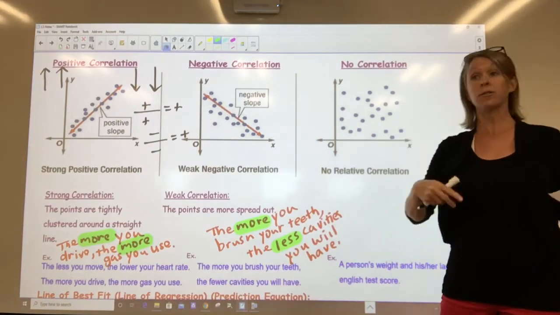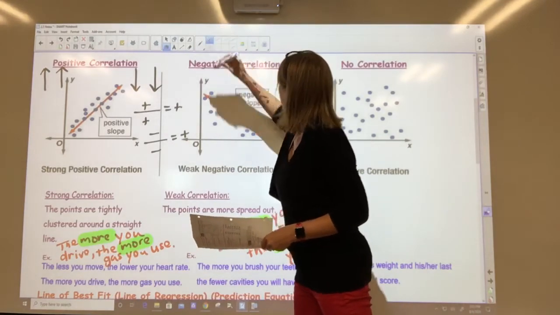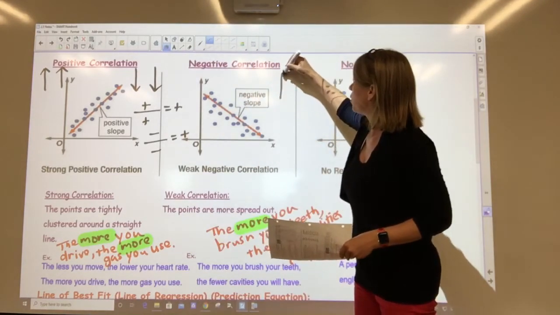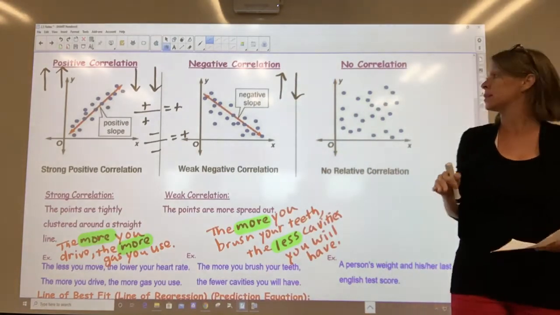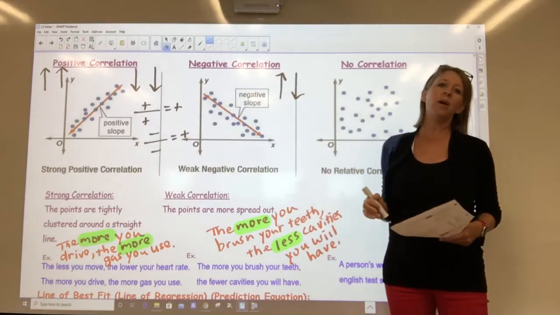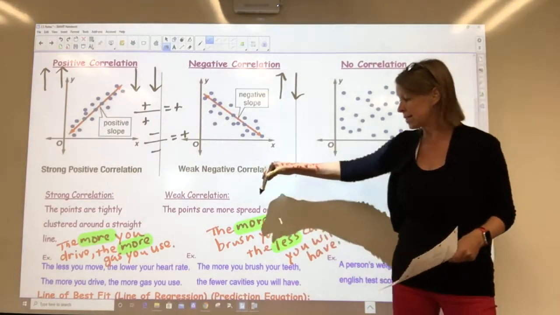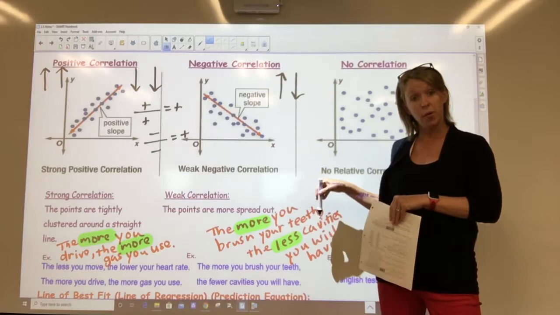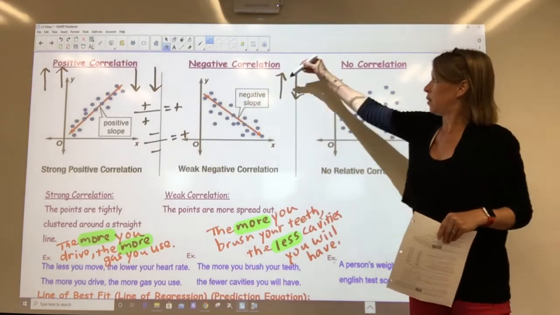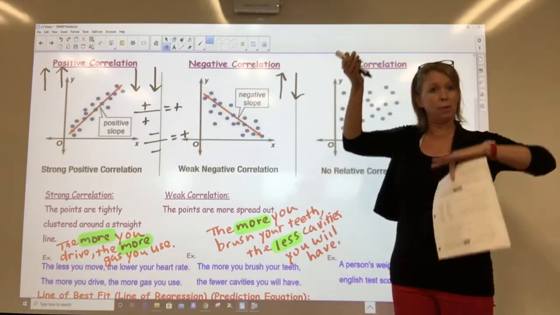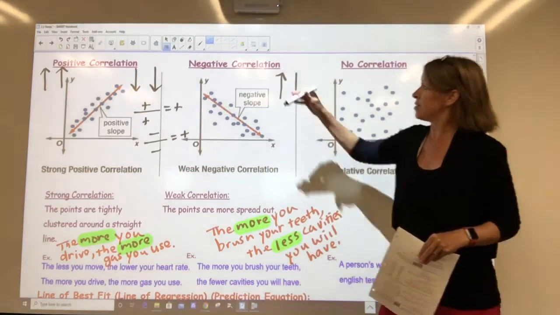It's causing that to go down. And so in this case, we would say that as one variable increases, if the other variable decreases, then that's an example of a negative correlation. It also could be flipped. We could say the less you brush your teeth, the more cavities you would have, and it's still having the variables go in opposite directions. That's an example of a negative correlation.